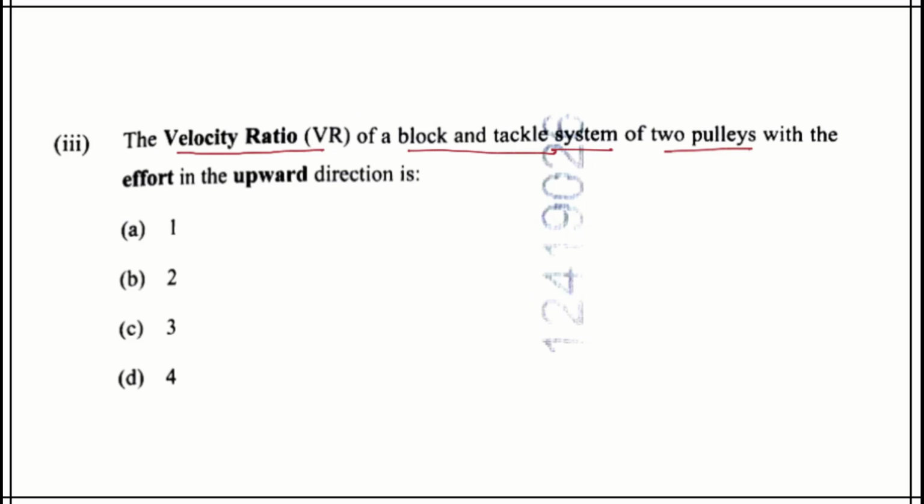So if we draw two pulleys one after another, the thread will come from the downward direction and it will get attached to the lower tackle.